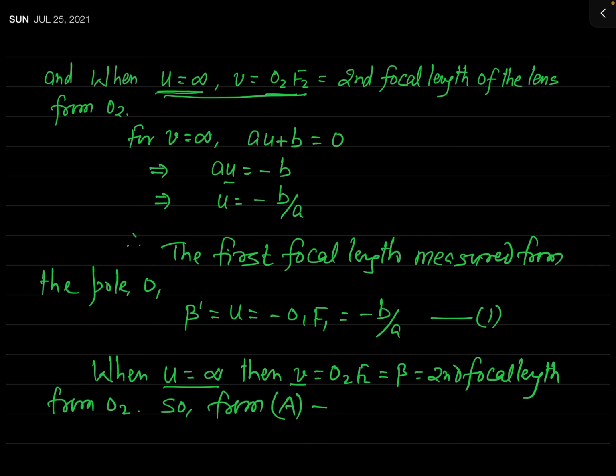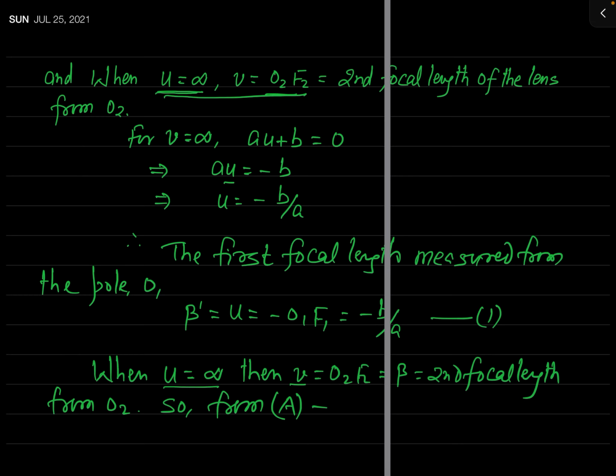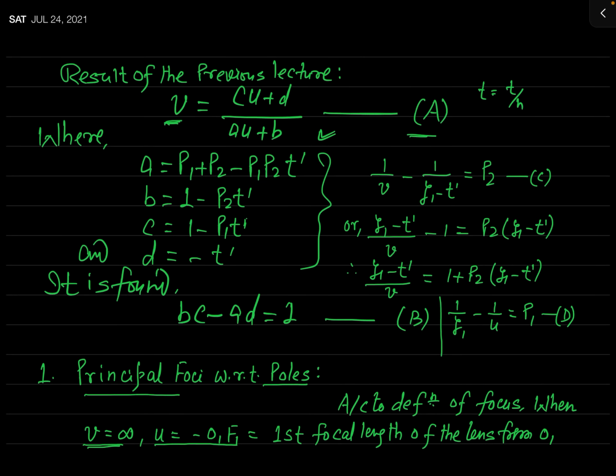So from A, what will be our result? You can see here that this v will be equal to O2F2, and see the result. The result is Cu plus D over Au plus B. Actually, when you put the value of u equal to infinity directly, the form will be indeterminate.